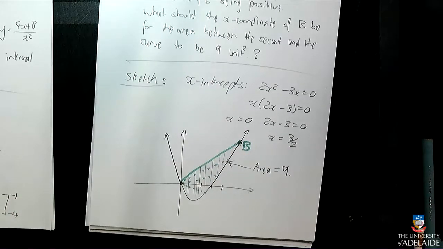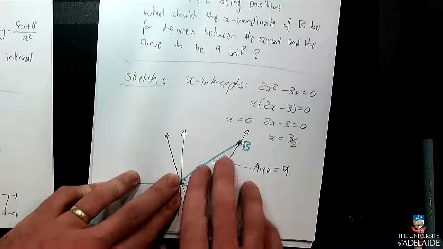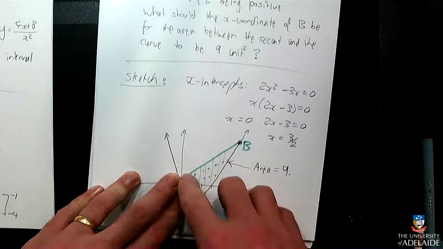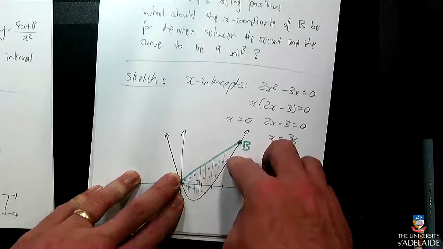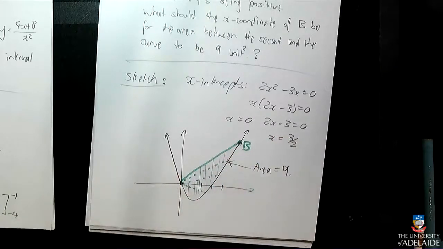Okay, but I guess the area between two things, if I sort of smudged this all up, if I calculated how far apart they were, then the average distance apart times the width should be the area as well. So now you know that the area between two curves is the top curve minus the bottom curve.